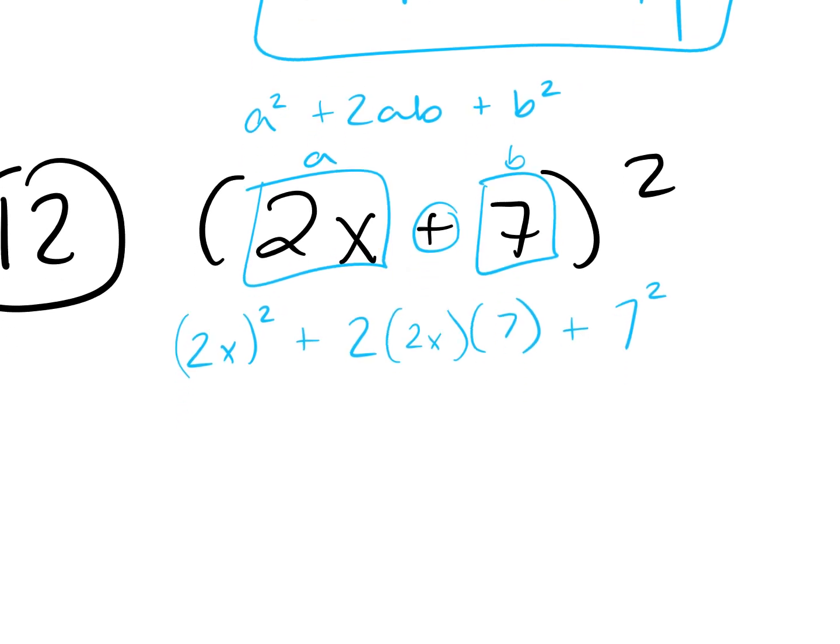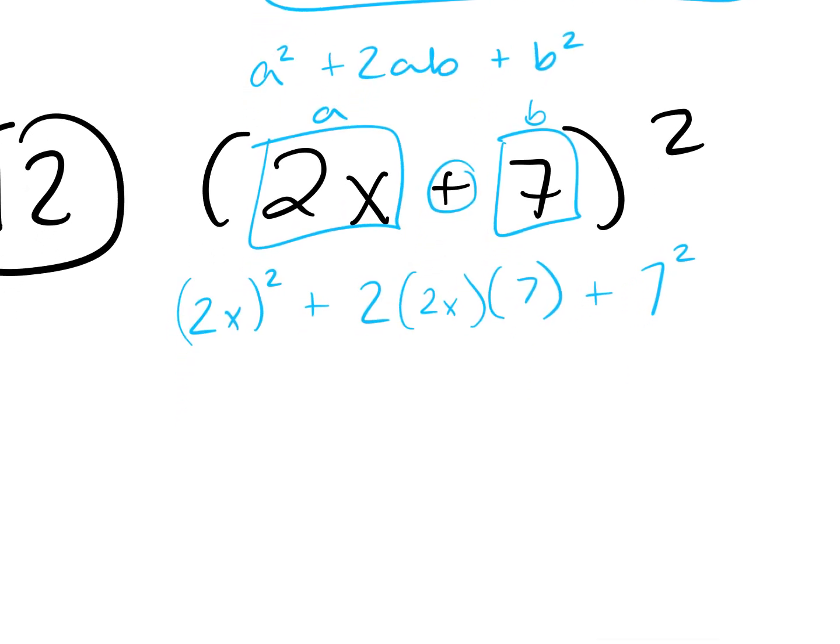What is 2x squared? Perfect. We distribute the squared, so it becomes 4x squared plus, in the middle here, what's 2 times 2x? 4x, and 4x times 7? 28x. And then plus, what's 7 squared? 49.